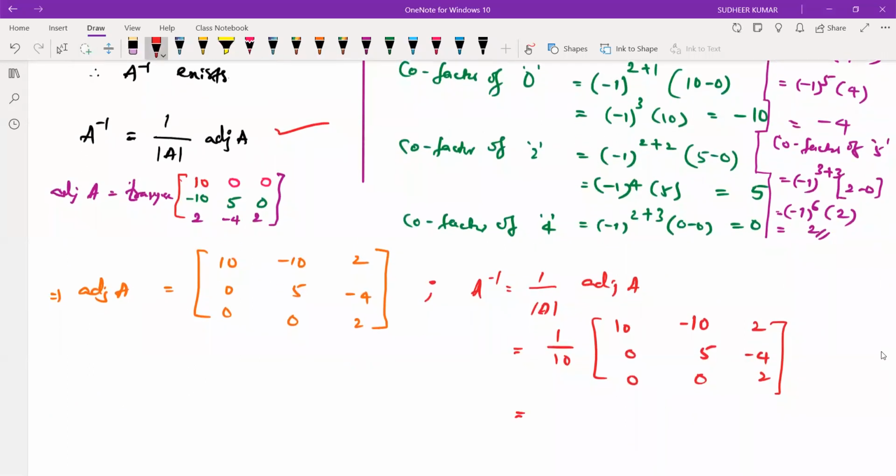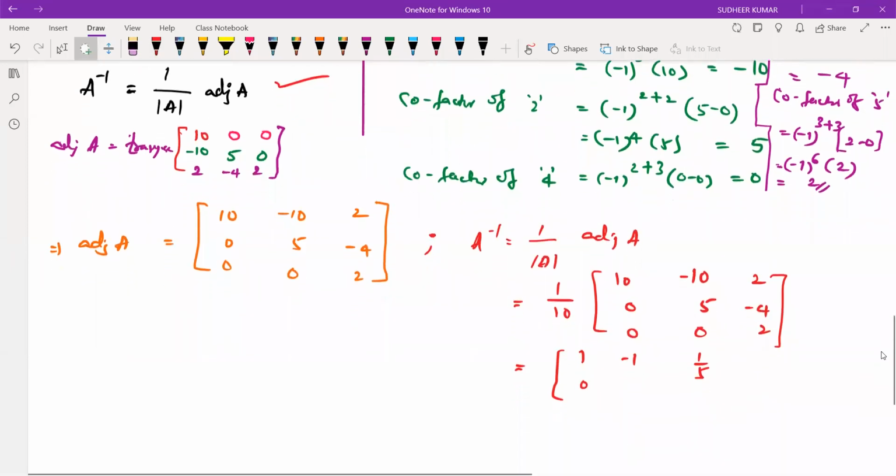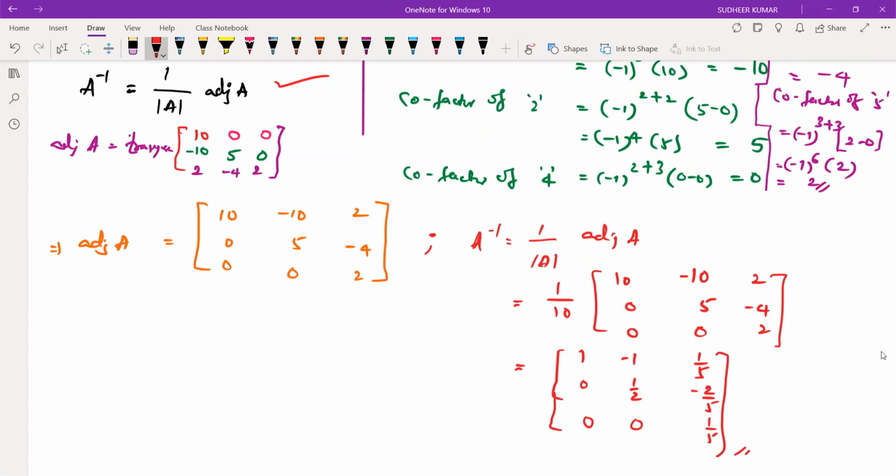Then multiply each element with 1 by 10. This is 10 by 10, 1. This is minus 1, 2 by 10, 1 by 5. This is 0. And the next one, 1 by 2, minus 2 by 5. Then 0, 0, 1 by 5. That's it. Therefore, this is A inverse, the inverse of the given matrix.